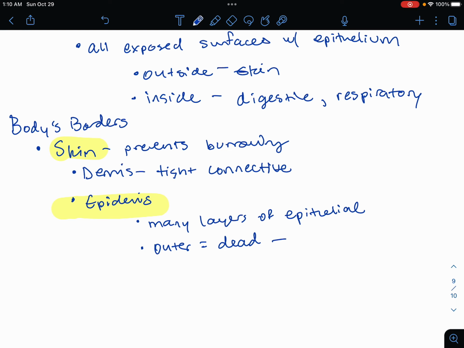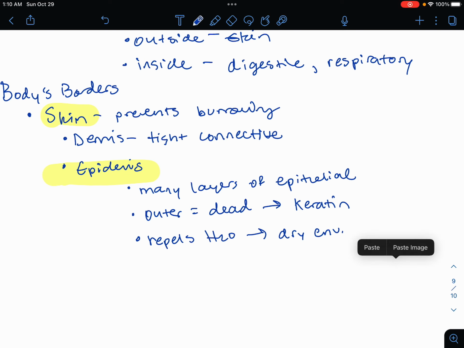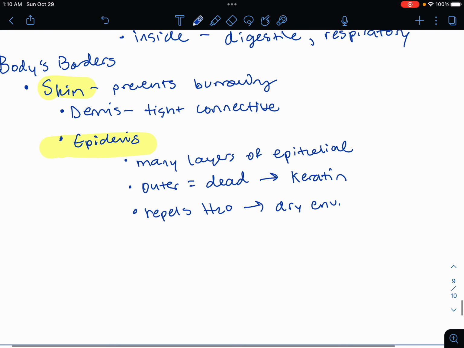And they're filled with keratin. It's a protein. They're going to be repelling H2O, and this will create a dry environment.